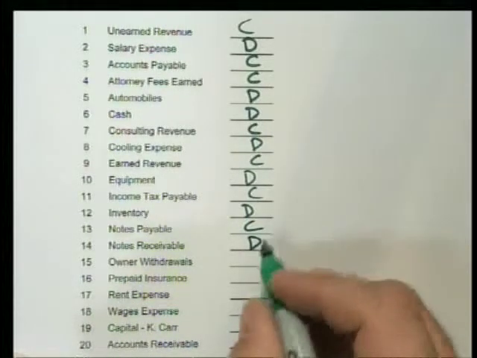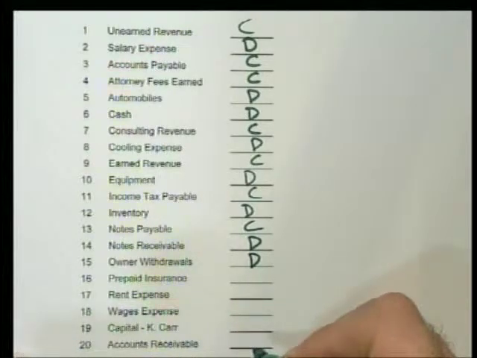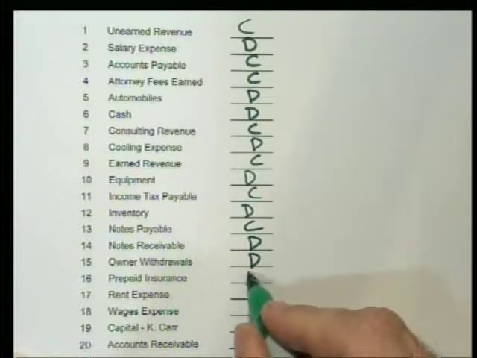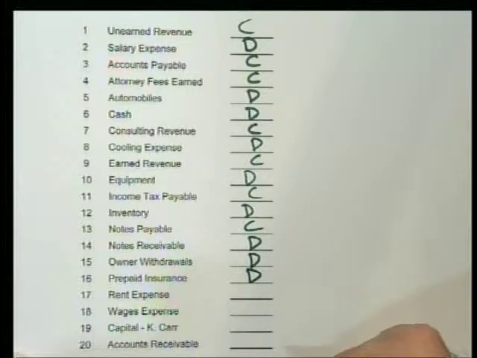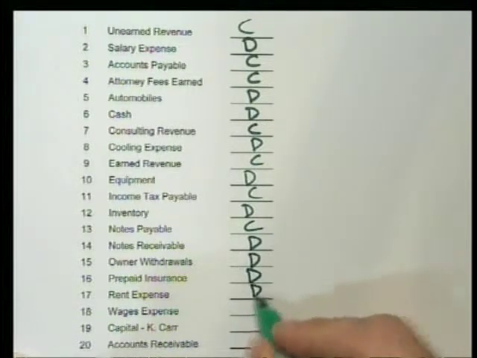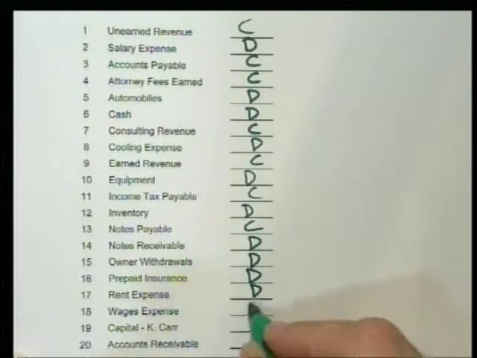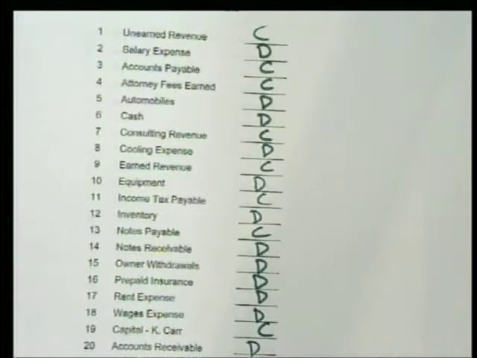What is that? Debit balance account. Prepaid insurance is an asset. That is a debit balance account. Rent expense is a debit balance account. Wages expense, all expenses are debit balance accounts. Capital, credit balance account. And receivable is an asset with a debit balance.